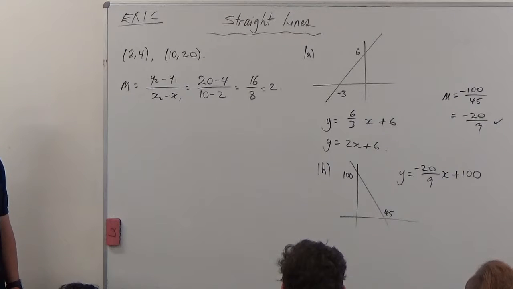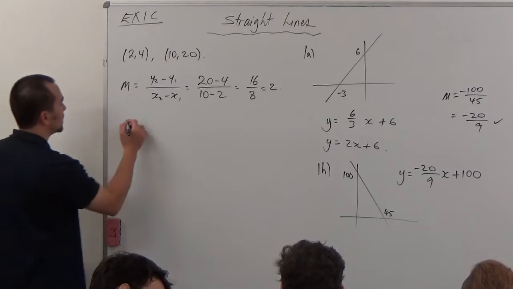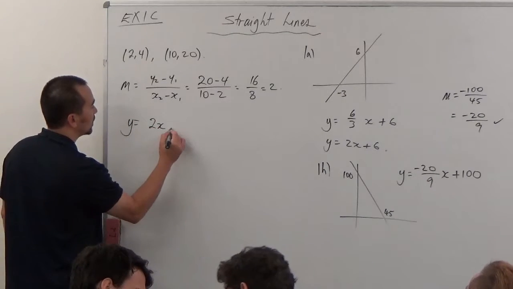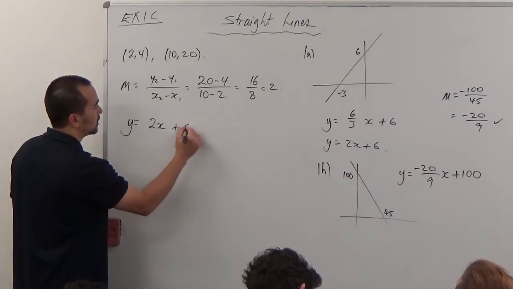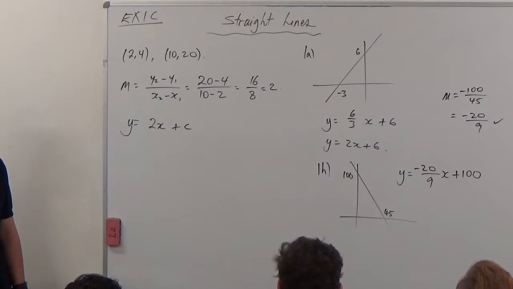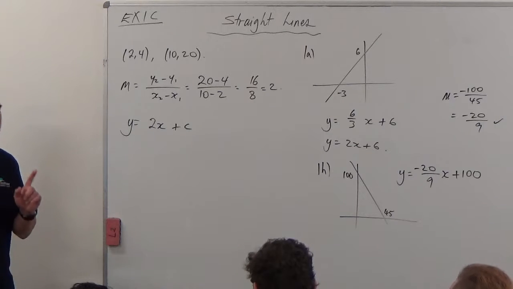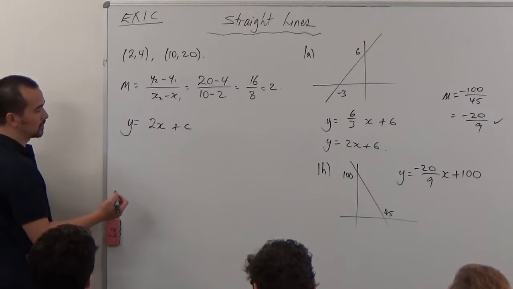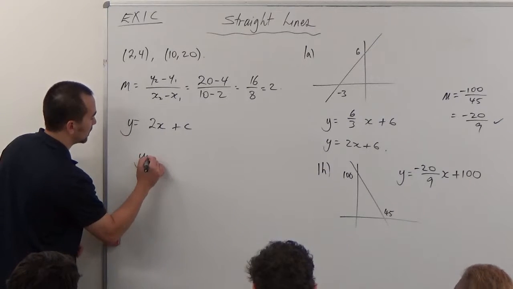Do we have a y-intercept? No, we don't. So in terms of our standard formula, we've got that far, but we don't have our y-intercept yet. Okay? So, we're going to use gradient point form, which goes like this.